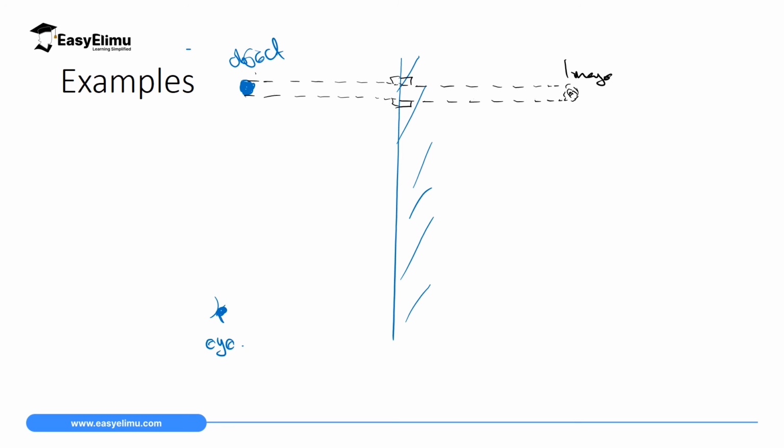So light will be coming in a straight line from the image to the eye of this person, but behind the mirror there's no light which is coming there, so it's a virtual ray. Then in front here it will come in a straight line like that. Then below that image, light will be coming from behind the mirror, but in this case there's no light as I have said, so it's a virtual ray.